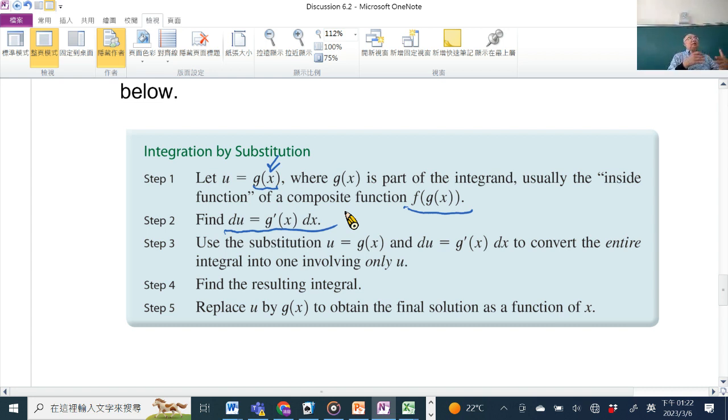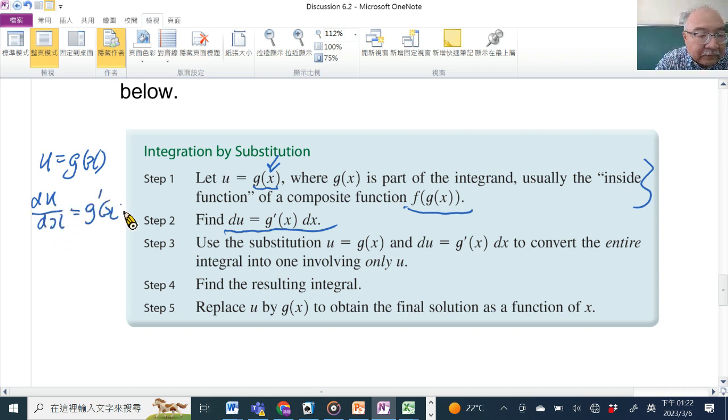After the first step, the second step, we have to find the derivative for this new variable. So we have to find du, and usually our process starts from u equals g of x, and then du/dx equals g prime of x. That is what we learned in the previous semester.